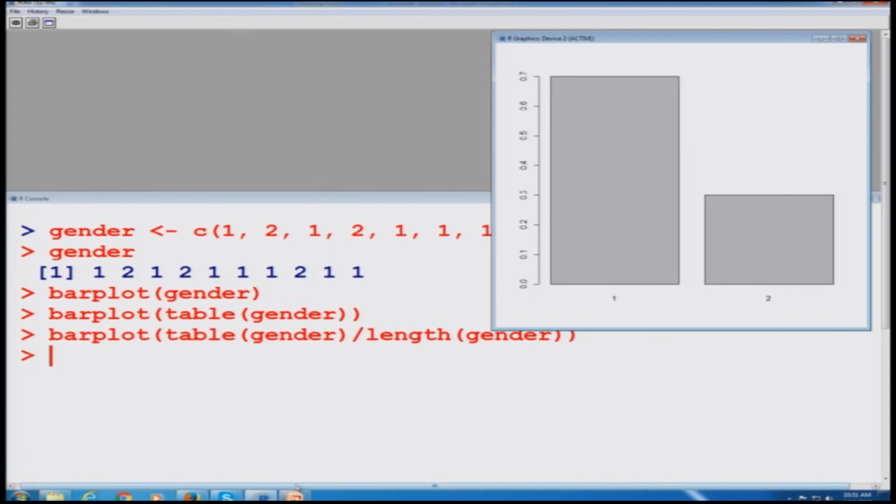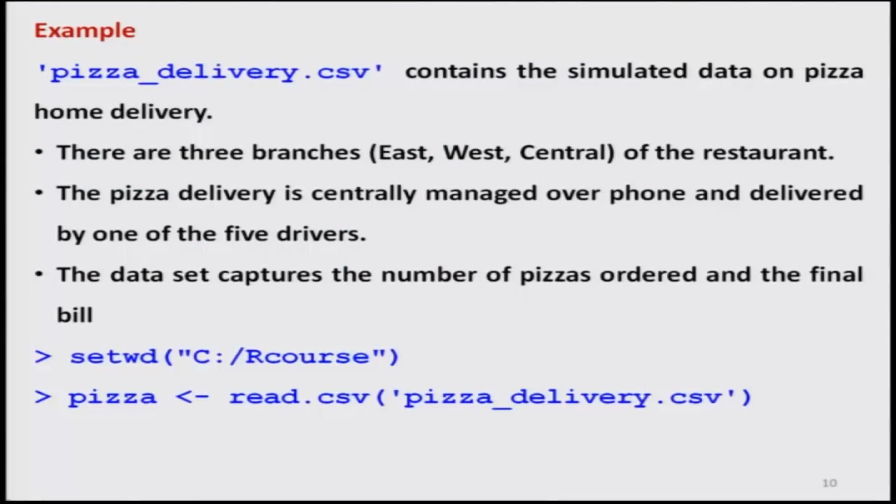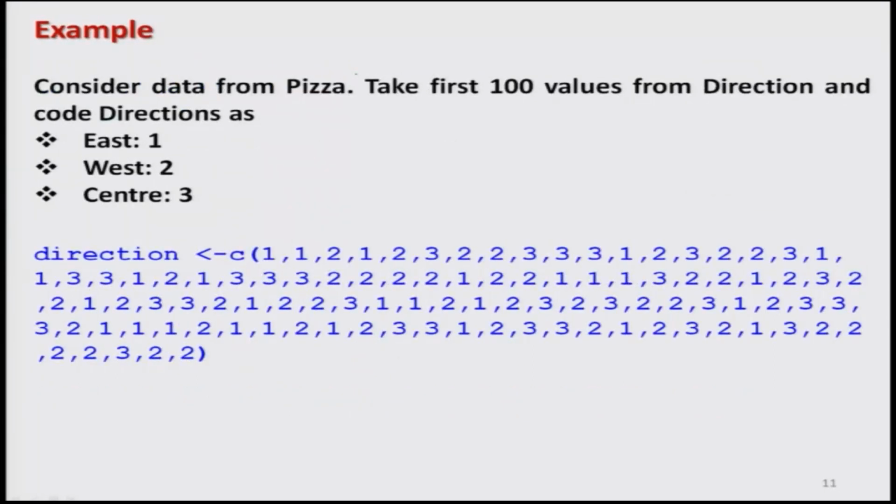So, now you know how to create these things, and I would now try to create the same thing with another data set, direction, that we had used in the earlier lecture. This data set was derived from the pizza delivery data set that we discussed in the earlier lecture, and we had extracted information on one variable called direction.